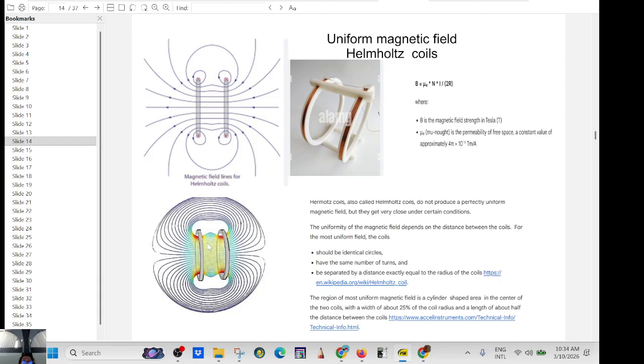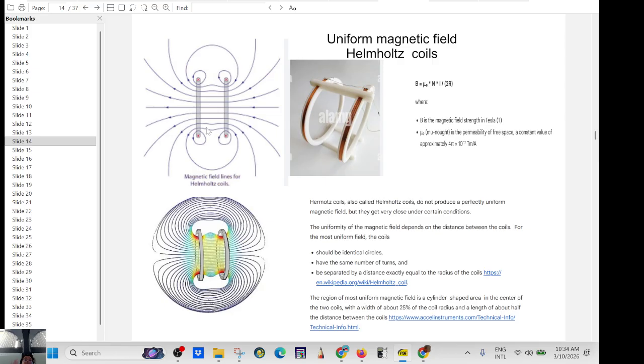If you do that configuration, then you're going to get a uniform magnetic field, and you can do experiments with them. Because if you make them too close or too far away, of course you're going to have a magnetic field, but it's not going to be uniform like this.